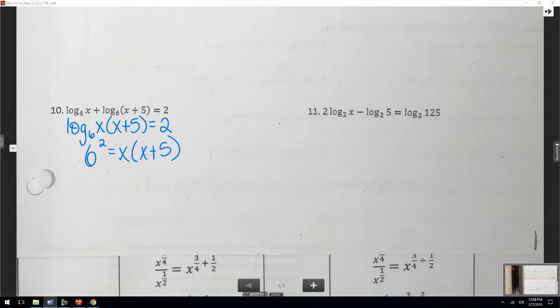Can you tell me what 6 squared is? 36. There you go. Distribute. Move the 36 to the other side.